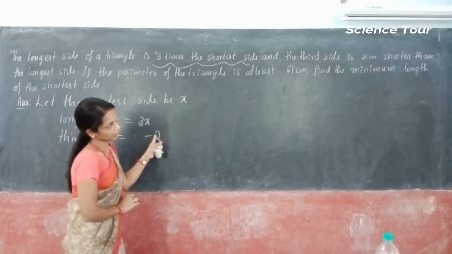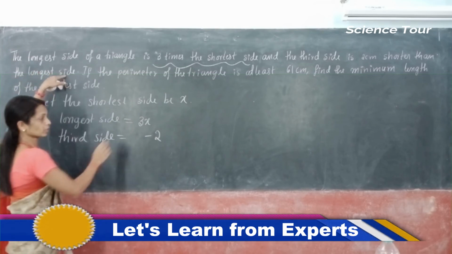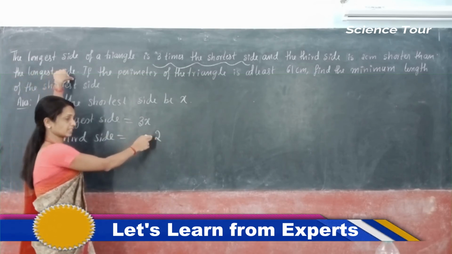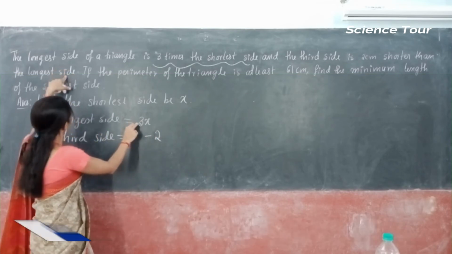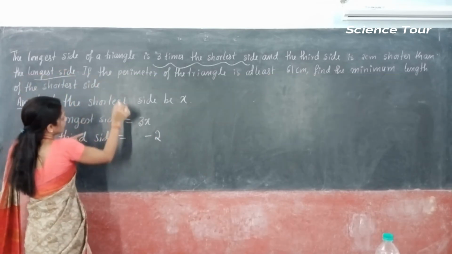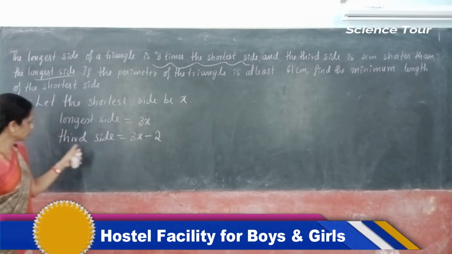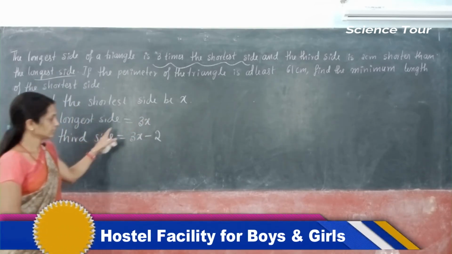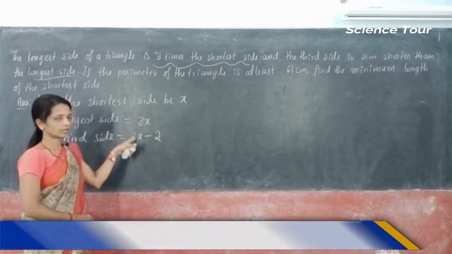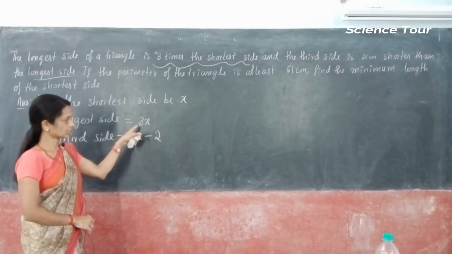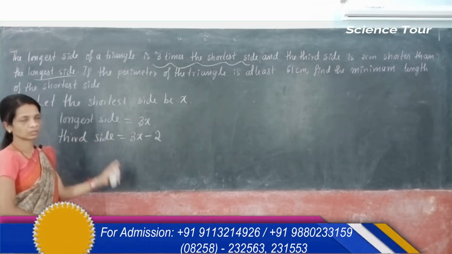Minus 2 of what? Minus 2 of the longest side. What is the longest side? That is 3x. So 3x minus 2 is the third side.